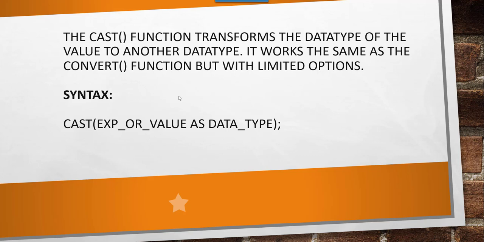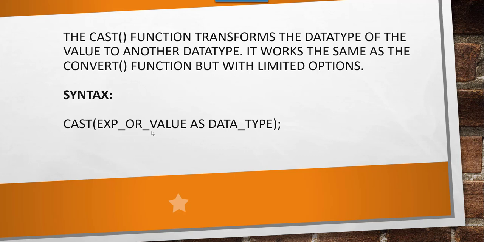Just to give you a little more depth on the syntax: CAST is the function that casts the data type of the value to another data type. Then comes expression or expression_value. It is the expression, the value, or the table column that you want to cast from one data type to another.